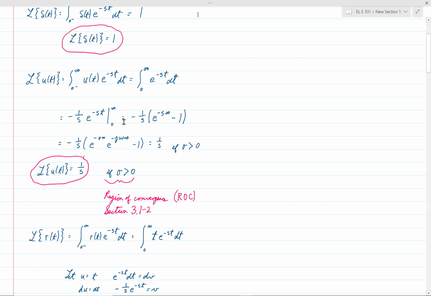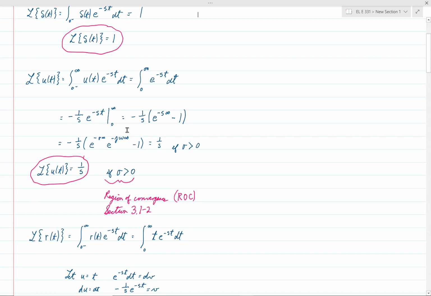So we have this minus 1 over s, and when we plug in infinity as the top limit, really infinity is not a number, it's more like an idea. You approach infinity, you never really reach it. Whenever you see infinity in a problem, you don't think of it as a number so much as the idea that you're going toward infinity.